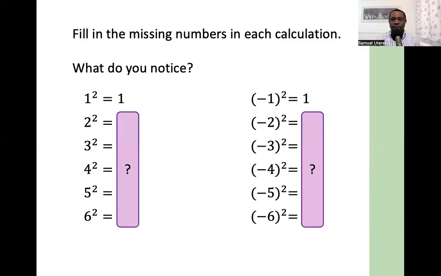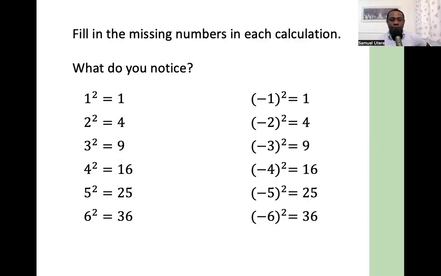Let's do our first learning. So if you think about this, what do you notice about what you see here? Here you're asked to fill in the missing numbers in each calculation. Now, if we fill in the missing numbers, we can see that we're squaring the numbers, and that gives us these numbers.